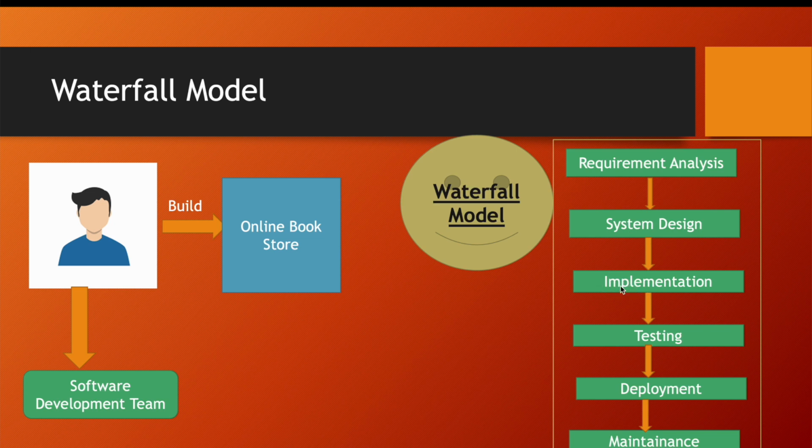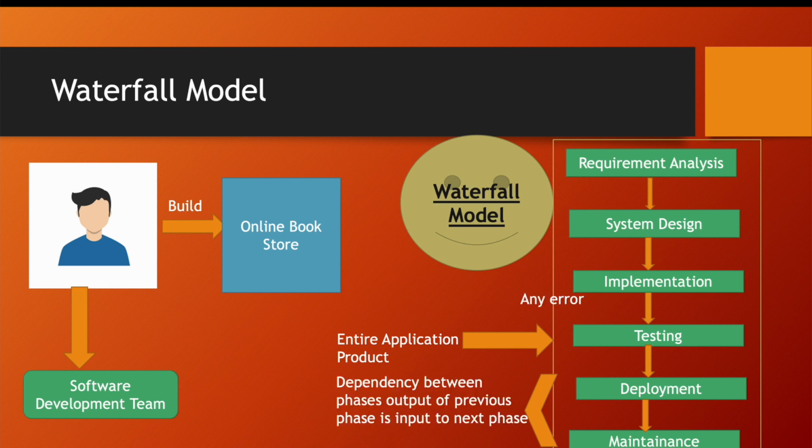If any error occurs in the implementation phase, it will be reverted back to the system design phase, and the entire life cycle of the software development will be disturbed. Also, if an error of the current phase is identified in the next phase, then we need to go back to the previous phase and start the fix again from scratch.